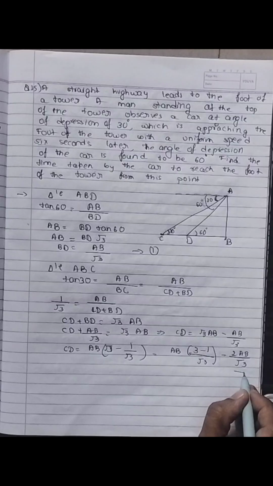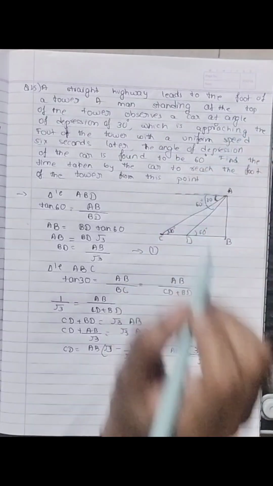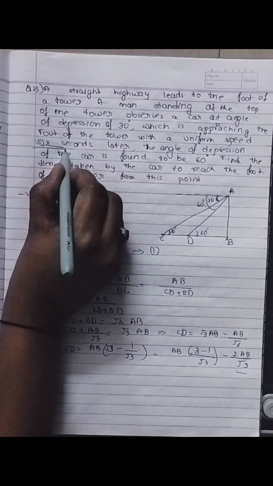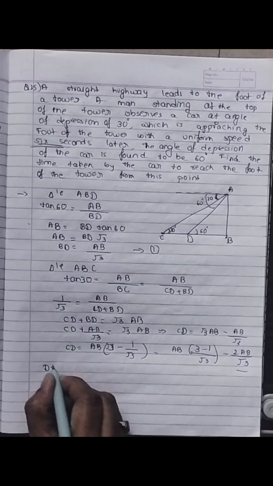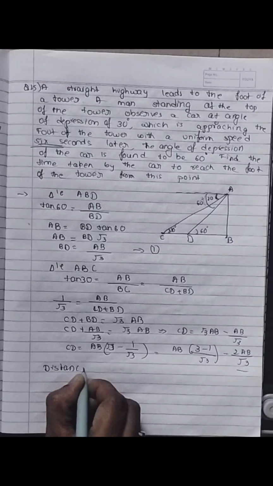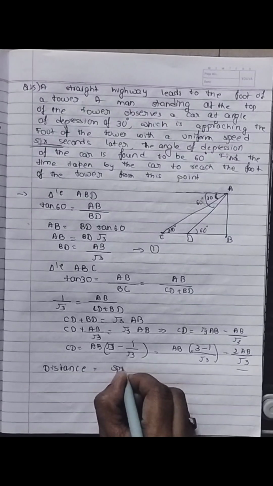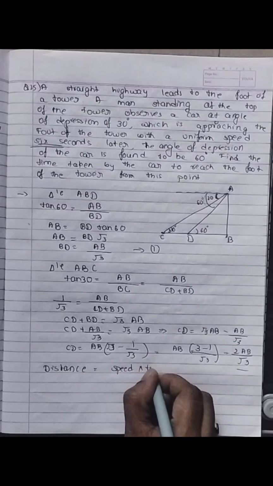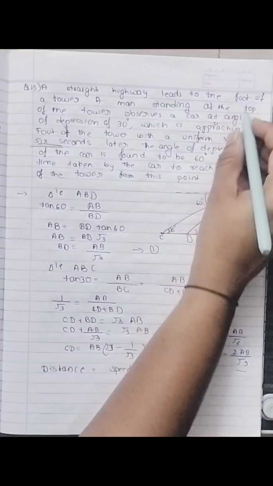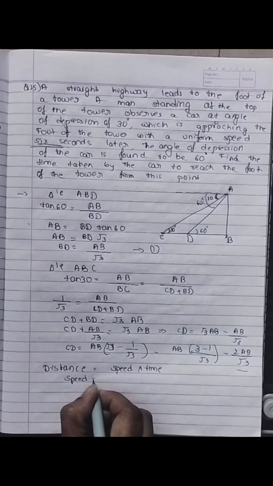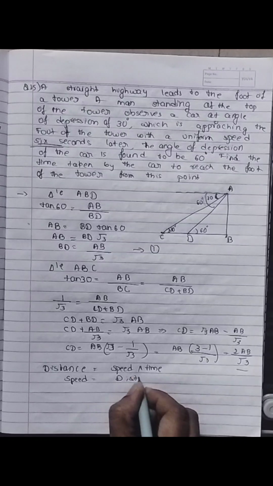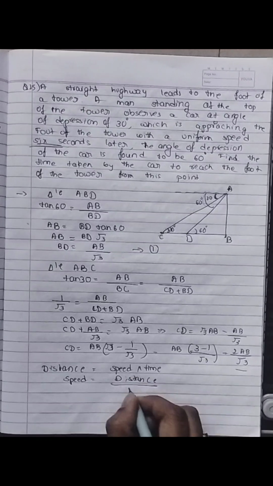Why we have calculated it is we need to calculate the speed, right? Because to travel from C to D, it is given in the question, it is 6 seconds. So we know that distance is equal to speed into time. So speed is uniform here. So we have to calculate the speed here. So speed is equal to distance by time.